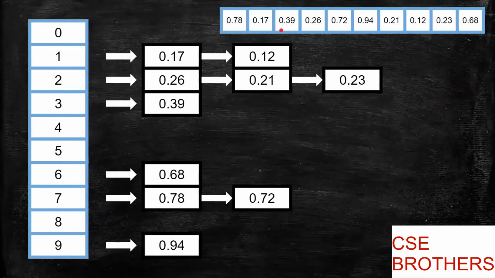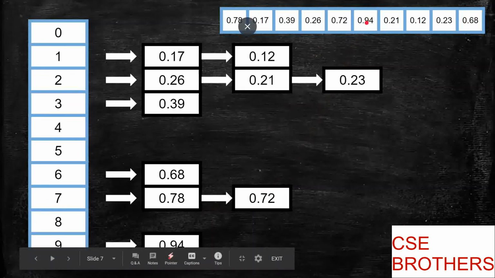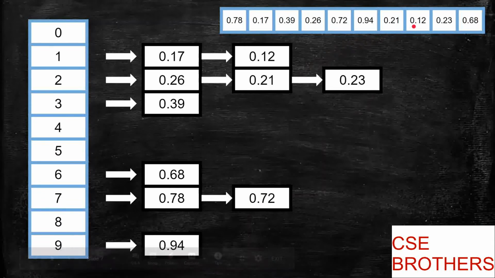Similarly, 0.39 into bucket number 3, 0.26 into bucket number 2, 0.72 into bucket number 7, 0.94 into bucket number 9, 0.21 into bucket number 2, 0.12 into bucket number 1, 0.23 into bucket number 2, and 0.68, the floor of 6.8, so into bucket number 6.